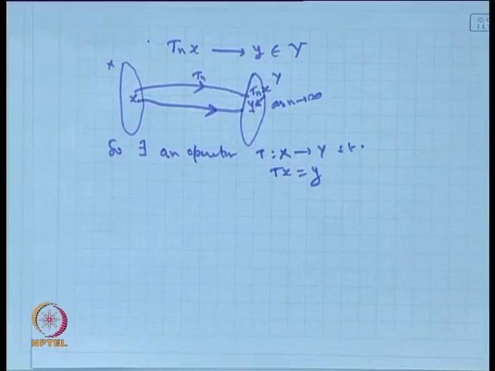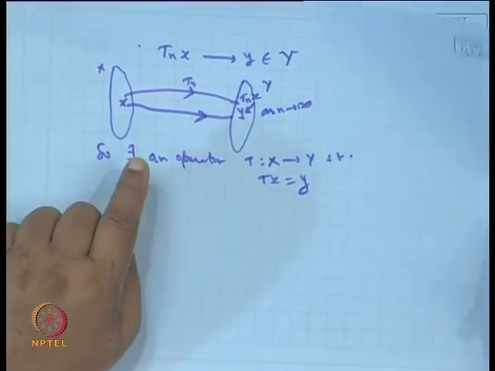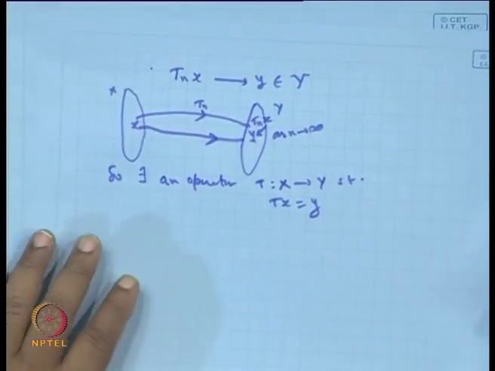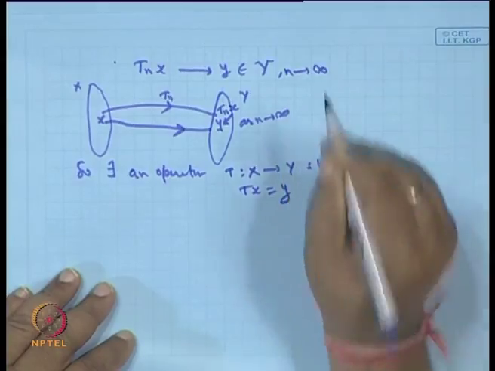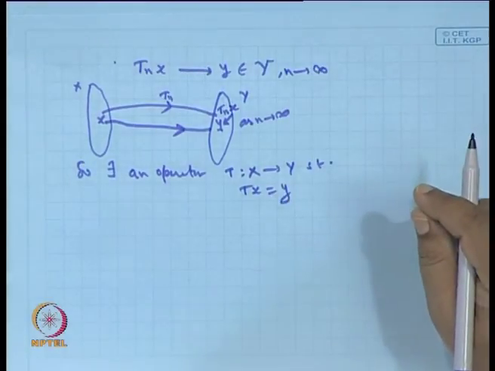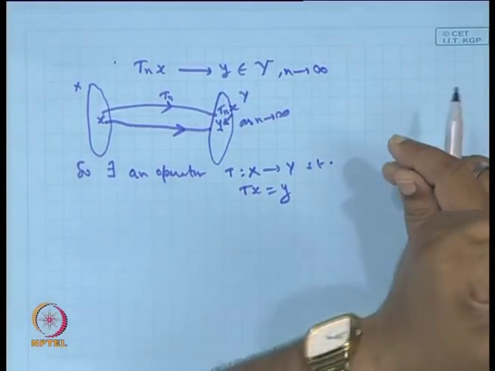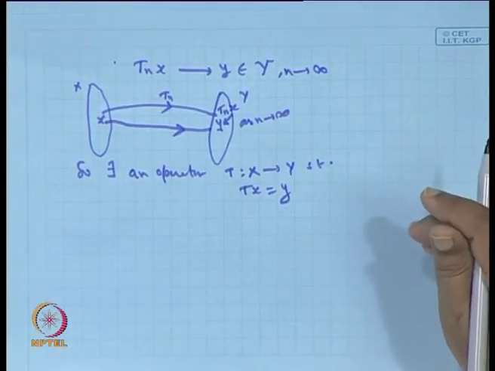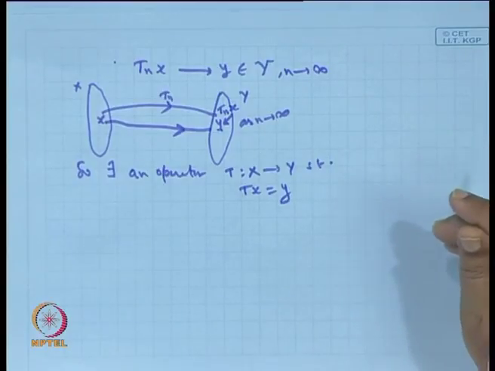Is it clear? The meaning is that T n x is converging to y as n tends to infinity. We are taking so many operators, T1, T2, T n, and the limit of these values at x is y. So, there must be an operator which can transfer x directly to y.